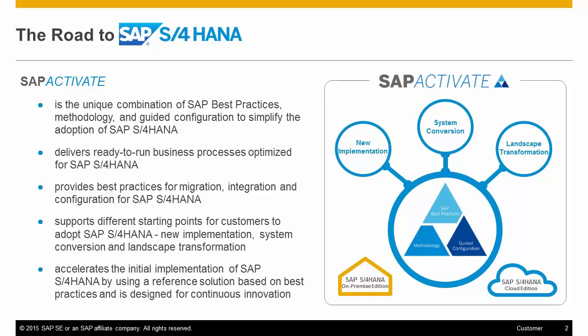They're easily integrated with other cloud solutions such as SuccessFactors and the Ariba Network. These ready-to-run business processes, comprehensive, flexible, and optimized for SAP S/4HANA, are cultivated from the collective implementation knowledge of thousands of SAP customers. SAP best practices also cover integration and migration fundamentals.